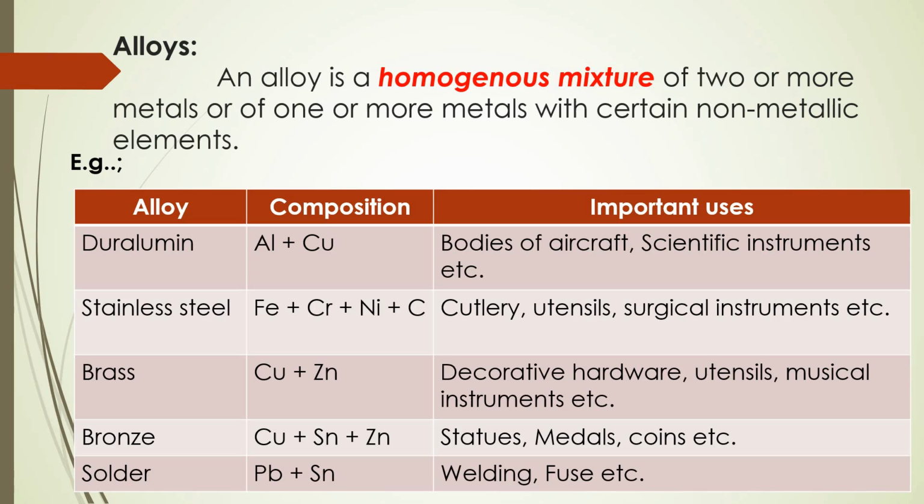The fourth alloy here is bronze. To the homogeneous mixture of copper and zinc, if we add tin, then we get another alloy called bronze. And this bronze is used in making statues, medals, coins, etc. I hope you remember that in every sports game, whether in the Olympics or other competitions, the winners get gold, silver, and bronze.